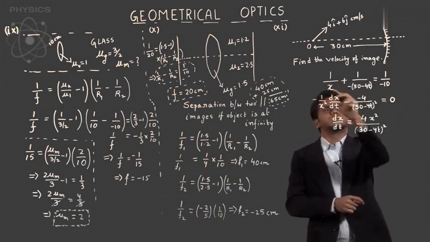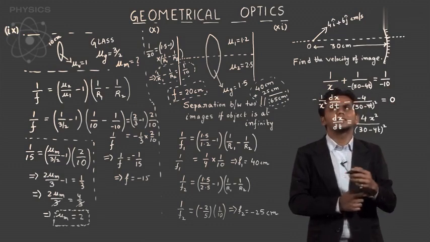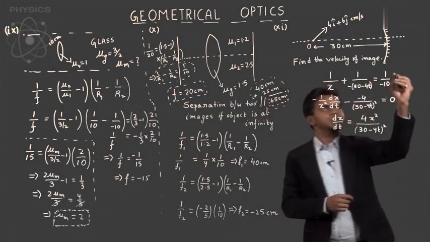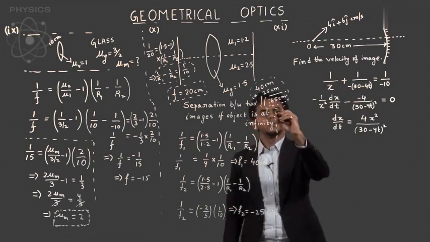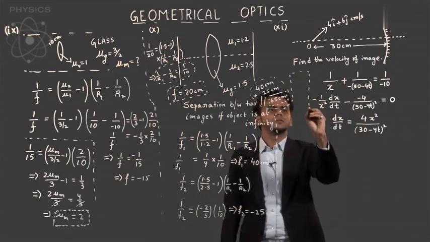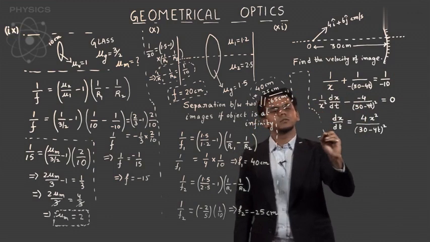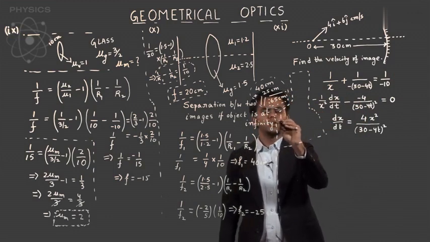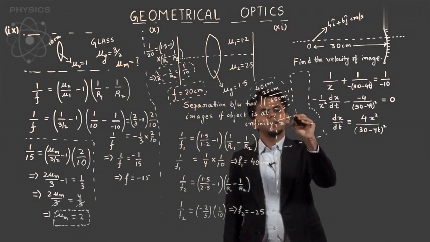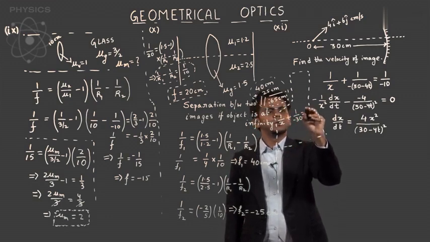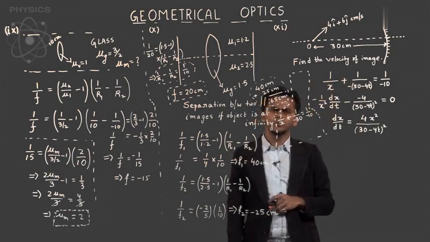I'll use this equation. This essentially is a mirror formula, so let's try to use that. Now at t equal to 0, I have 1 by x plus 1 by minus 30 is equal to 1 by minus 10, because initially it is 30 centimeters away from the pole.